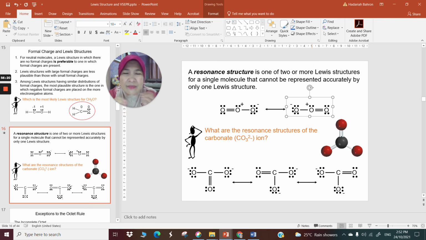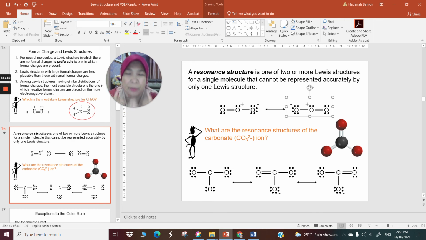When they make a resonance structure, actually they are neither single nor double. This will be a 1.5 bond. This will be a 1.5 bond. So you're going to see that the two O-O bonds to the left and right of ozone are actually of the same length. You don't have one shorter, one longer.